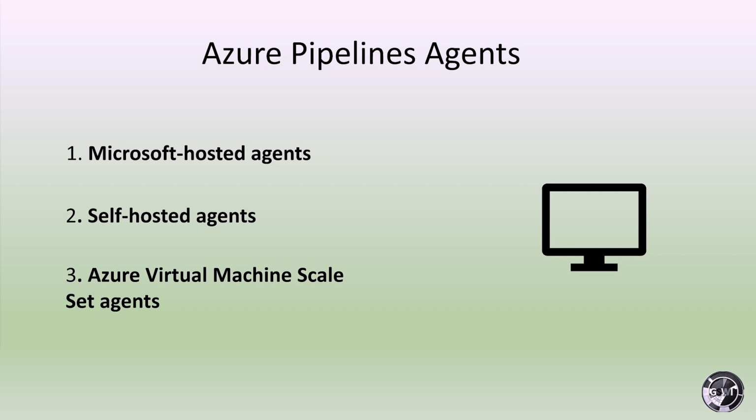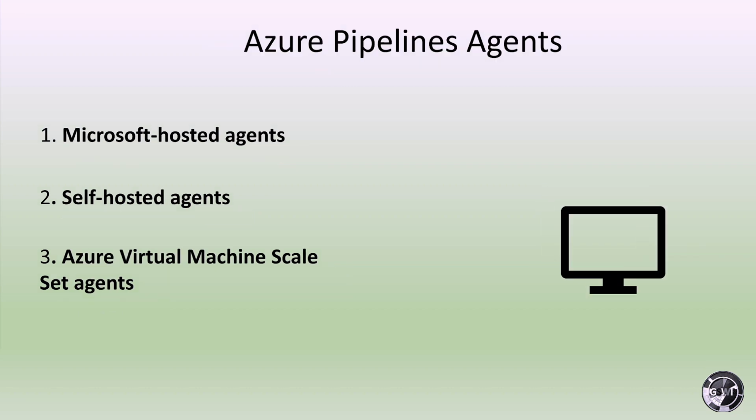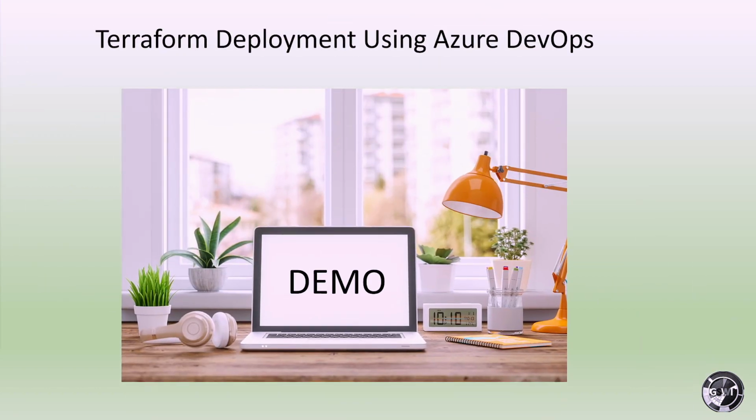Unlike Microsoft-hosted agent, you have flexibility over the size and the images of machine on which agents run. You specify a virtual machine scale set, a number of agents to keep on standby, a maximum number of virtual machines in the scale set, and the Azure Pipeline manages the scaling of your agents for you. So last but not least, let's go to the demo.